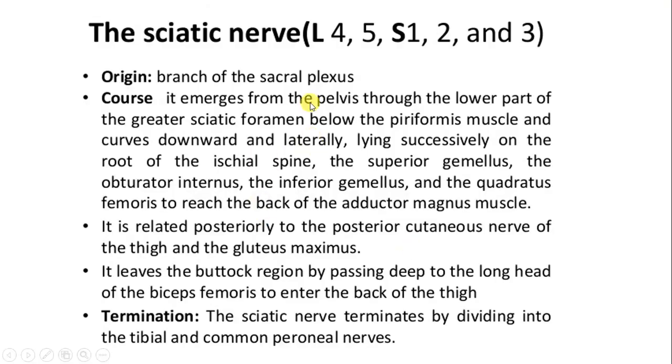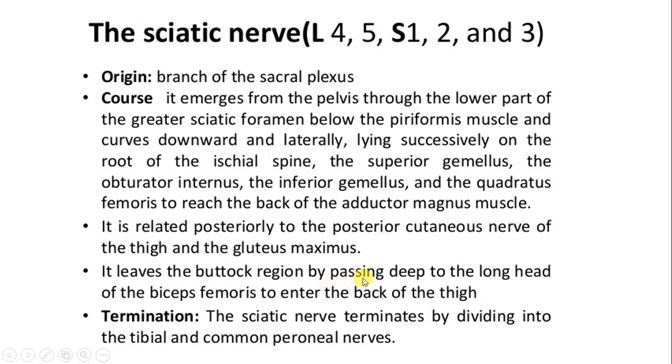So it is a branch of the sacral plexus, L4, L5, S1, S2, S3, and it emerges from the pelvis through the greater sciatic foramen below the piriformis, curves downward and laterally, and lies on the ischial spine, superior gemellus, obturator internus, inferior gemellus, quadratus femoris to reach the back of the adductor magnus muscle, and is related posteriorly to the posterior cutaneous nerve of the thigh and gluteus maximus muscle.